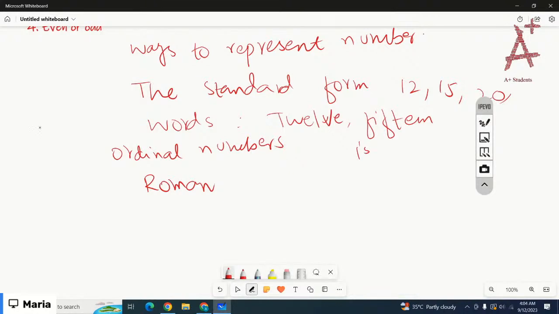Like you say first, when you write 1 and ST, that is the ordinal. Second, ND, that is another way to represent the number. Then in Roman form, you can write 5 as V, and 10 as X. So they are the different ways to represent the numbers, right?